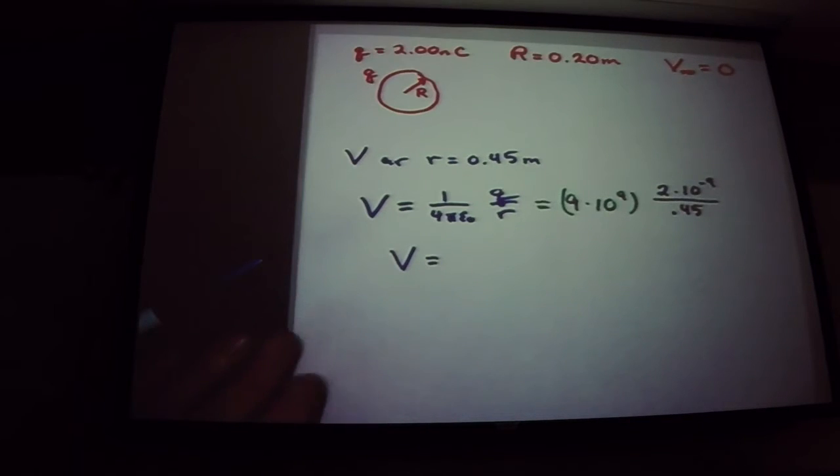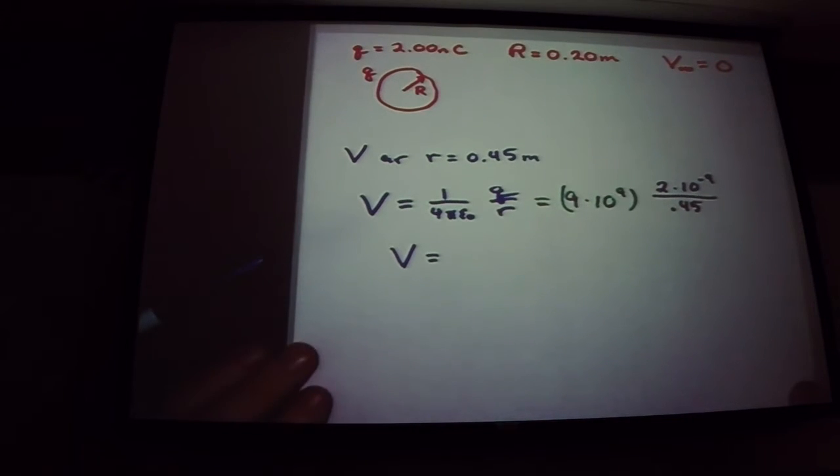Well, it's 18 divided by 0.45, whatever that is, because those factors have 10 to the 9th and 10 to the negative 9th conveniently multiplied, give you 1. Anybody get 40? Yes.